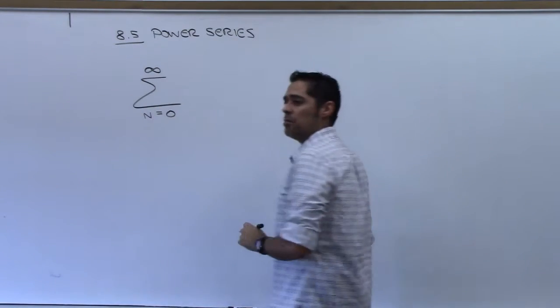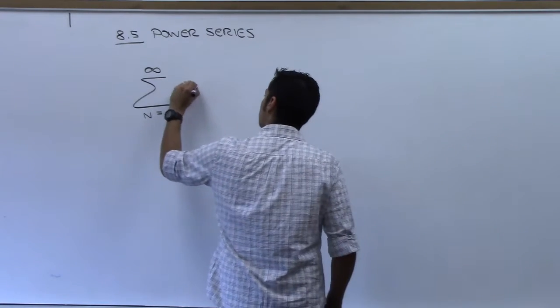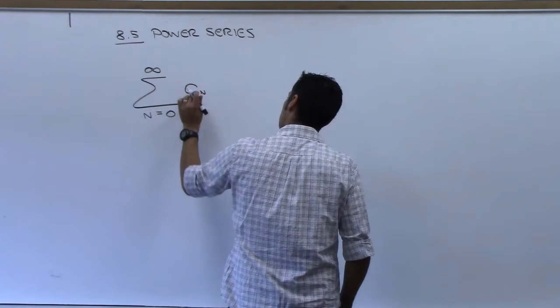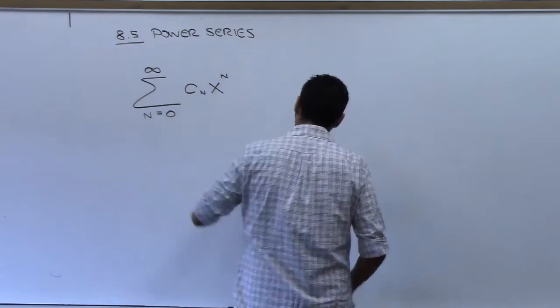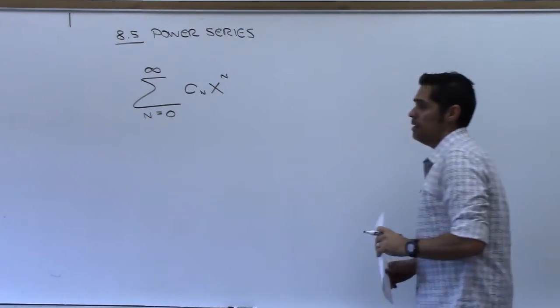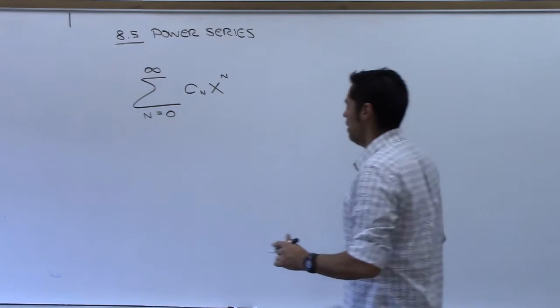Notice it starts at n equals 0, not n equals 1. The sum of C sub n, x to the n, and that's it. Now, let me tell you what C sub n is.